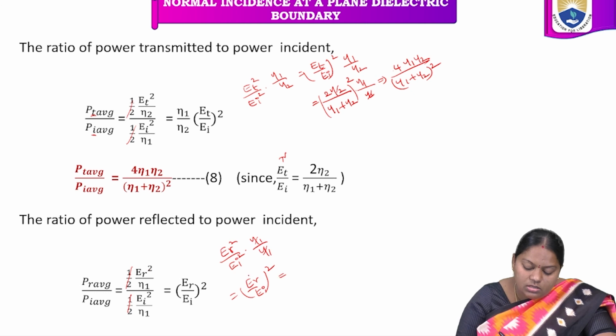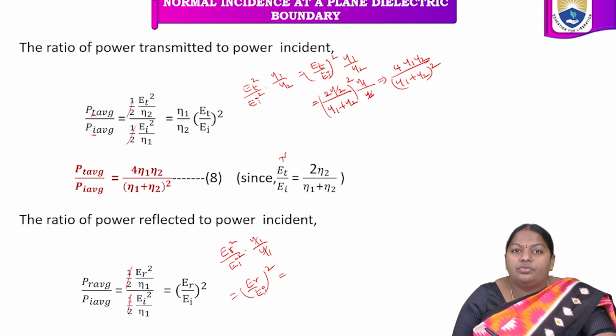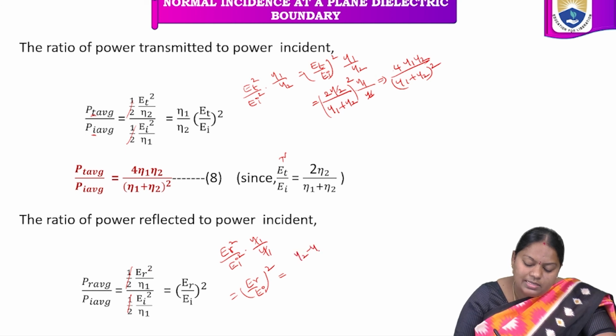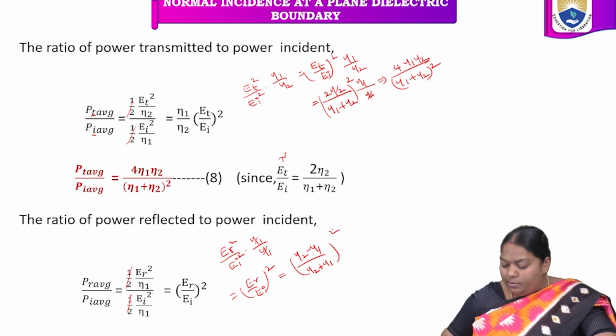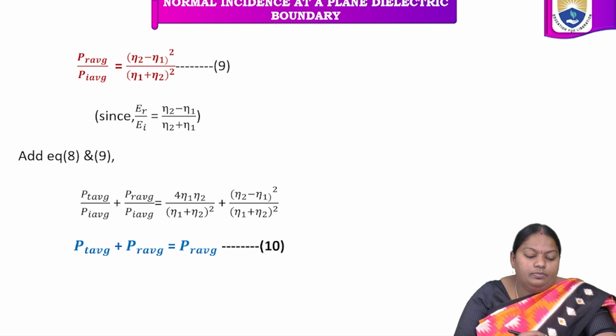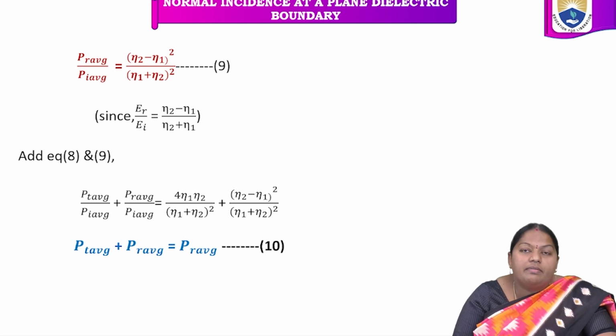What is this relation, ER by EI? It is the ratio of the reflected to the incident wave, given by eta 2 minus eta 1 by eta 2 plus eta 1 whole square. Okay, so this is gamma, then PR average by PI average equals eta 2 minus eta 1 whole square by eta 1 plus eta 2 whole square.